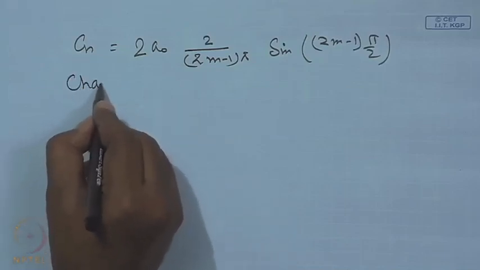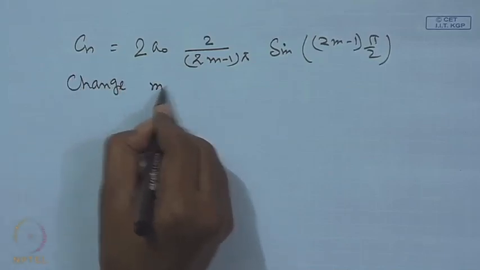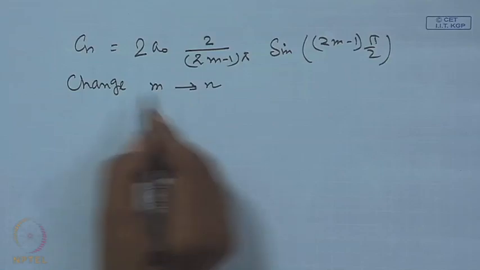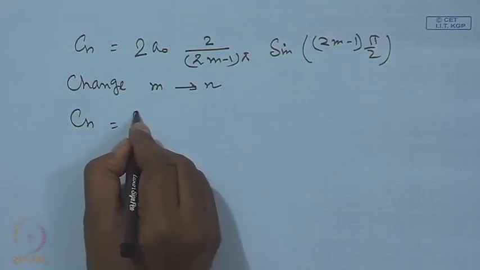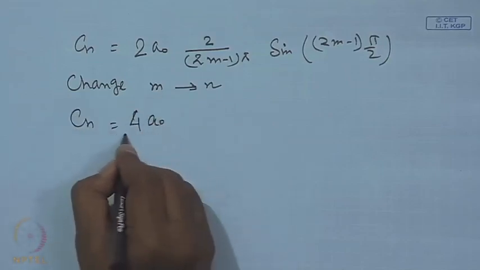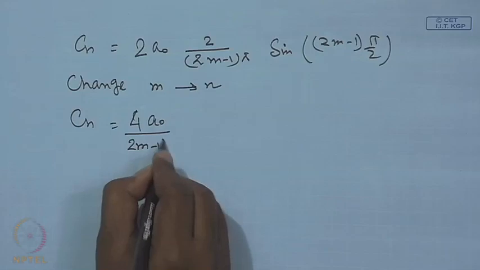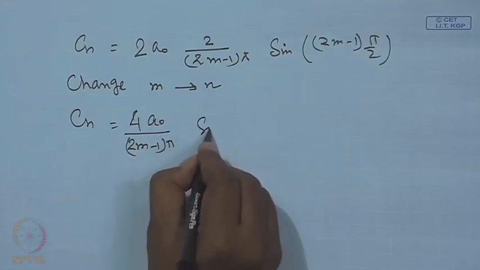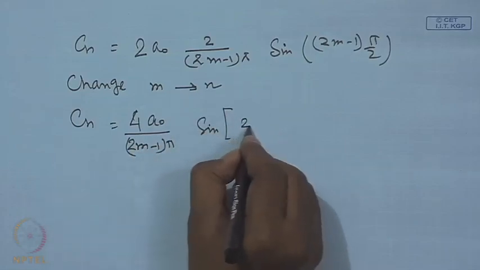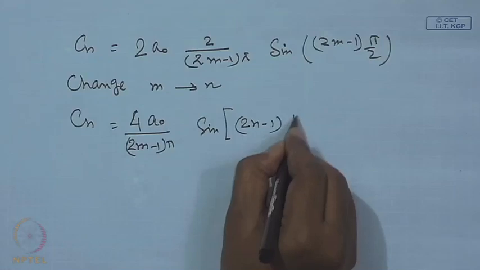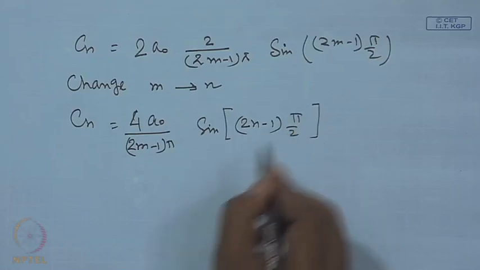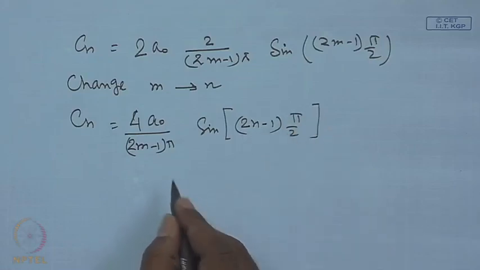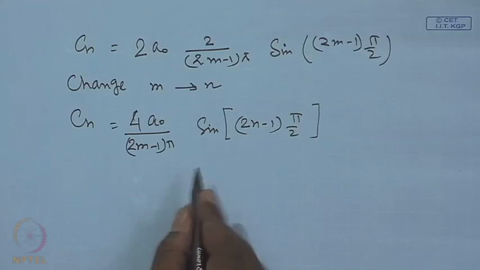Change the running index m to n. So, you will be getting C n as nothing but 4 a naught divided by 2 n minus 1 pi, times sin of 2 n minus 1 pi by 2. So, in this particular case, that is the expression of C n.